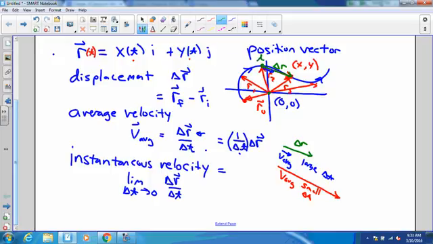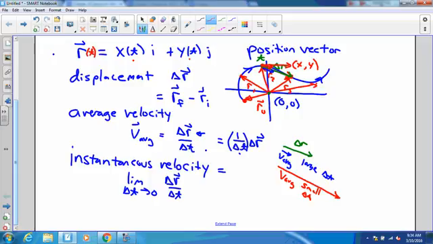And graphically, along the curve here, if I pick a point t and I go out a small time frame, delta t, like so, so that I get a very small delta r, and now I divide by the delta t, giving me a much larger average velocity like that, the instantaneous velocity is going to be the limiting case of that process of taking the delta r and dividing by very small delta t's.